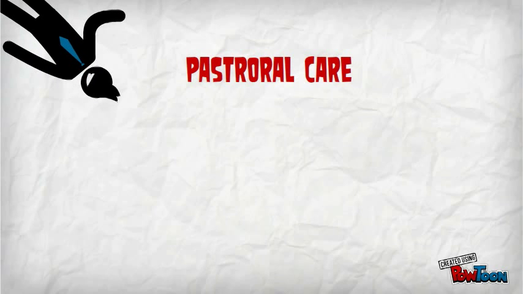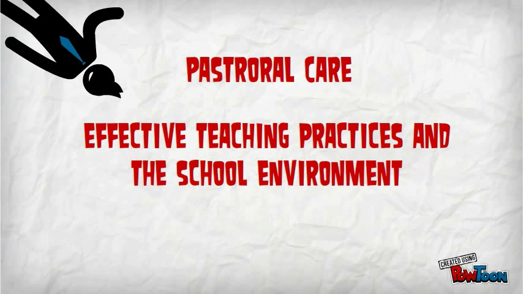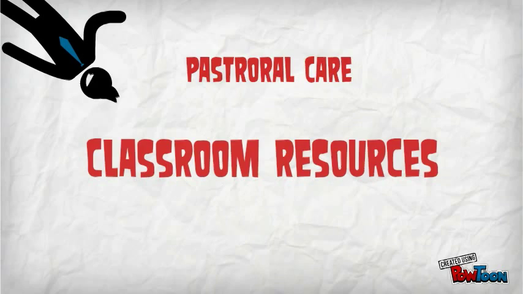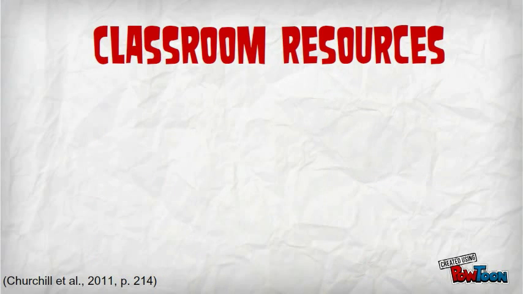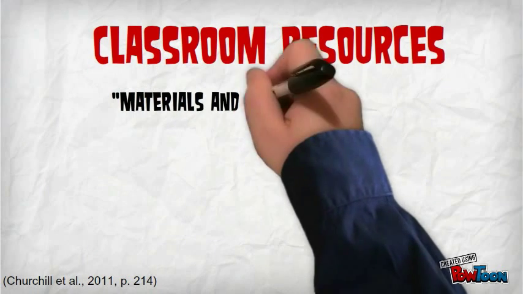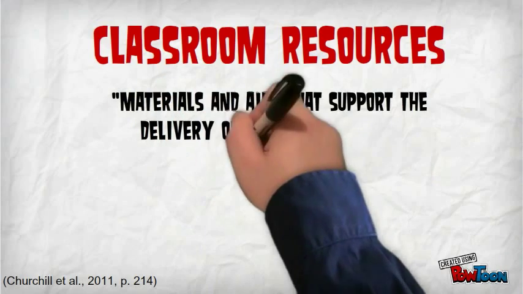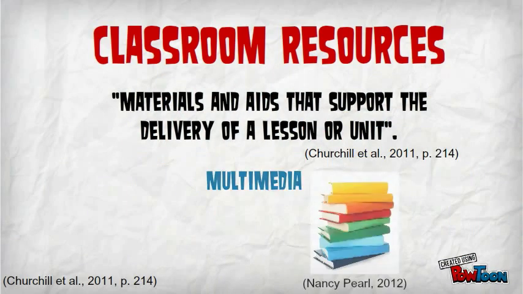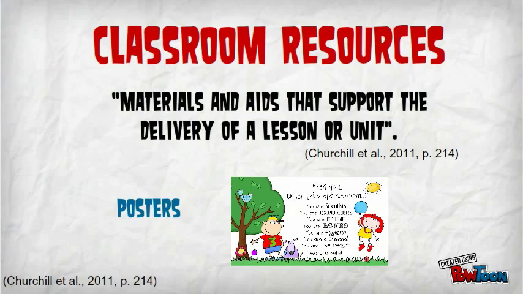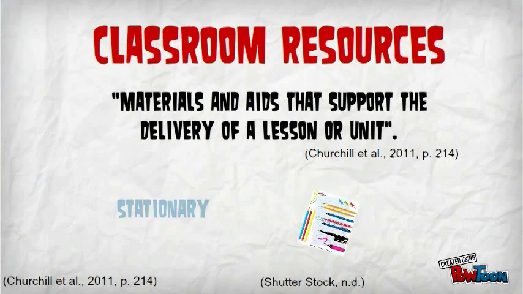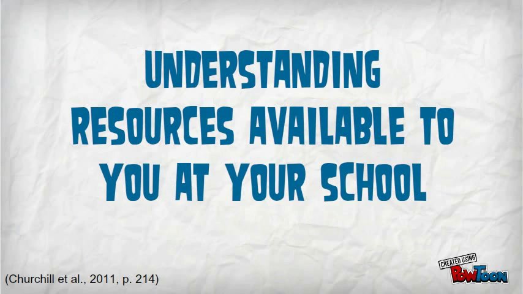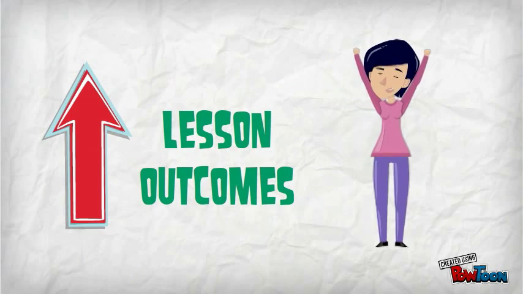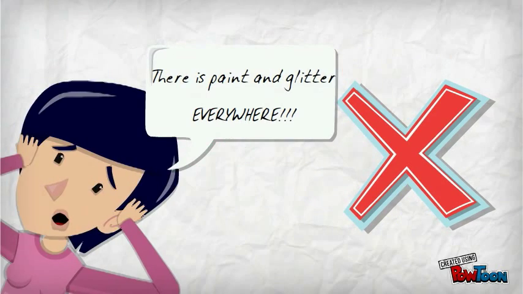So now let's combine pastoral care, effective teaching practice, and the school environment to include classroom resources. Classroom resources are defined as materials and aids that support the delivery of a lesson or unit and may include multimedia, books, charts, posters, stationery, models, people, and learning objects. Understanding the resources available at your school is important, implementing them so they enhance the lesson outcomes and don't instead detract from the lesson.